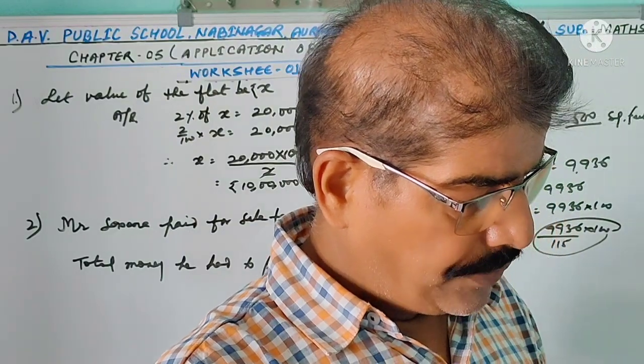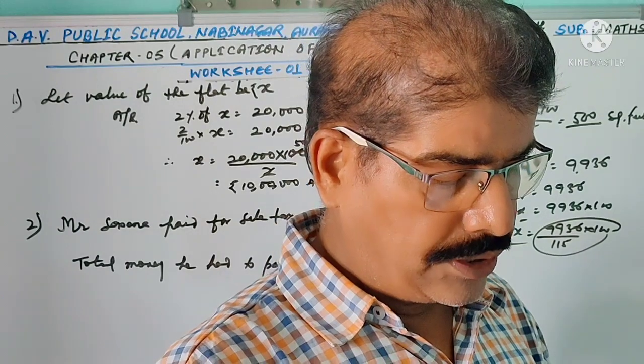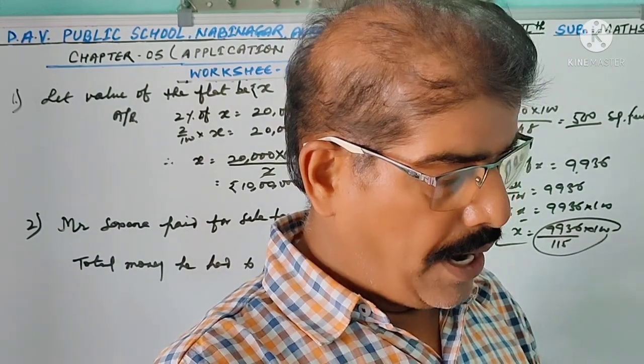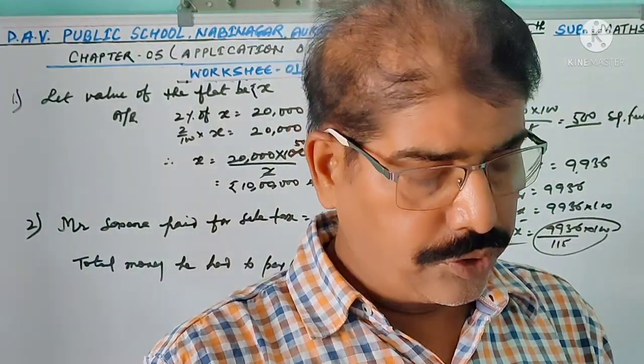Fifth question. In a co-education school, 45% of the total students are girls. If there are 440 boys in the school, find the number of girls in the school. Let the total number of students be x.